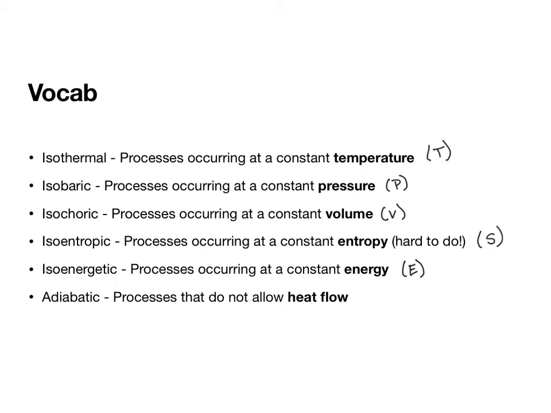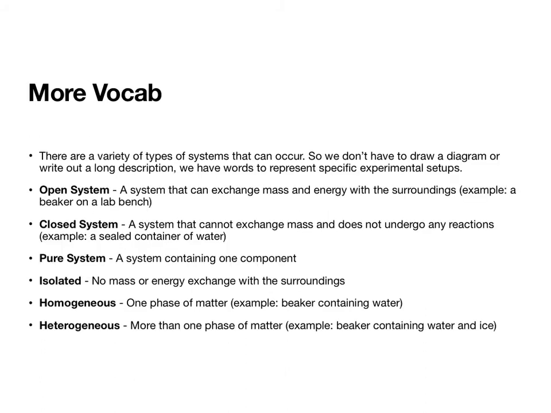And then the last one is adiabatic. And this means that no heat is allowed to move. And we haven't talked much about heat yet, but we are working our way to defining what is heat and how heat relates to the energy of the system. So those are the terms for keeping things constant.